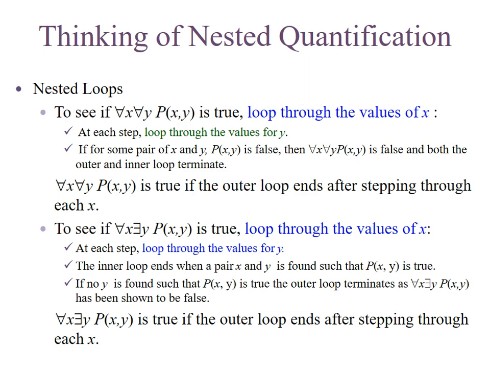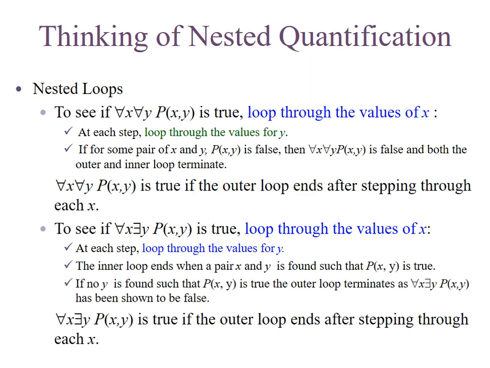So if we call them D1, D2, D3, up to D100, for example. Then we choose D1 as our target. Then we examine D1 with every other y within the domain to see if P of x, y is true.